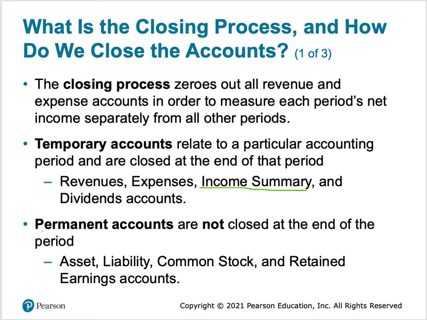Alternative to temporary accounts are permanent accounts. And so the permanent accounts are all of the things like the assets, the liabilities, and then as far as equity goes, it's common stock and retained earnings. And they are not closed at the end of a period, so they continue to maintain their balance from one period to the next period, whereas the temporary accounts, the revenues, expenses, and dividends, will be closed at the end of every period and start at zero for the next period.